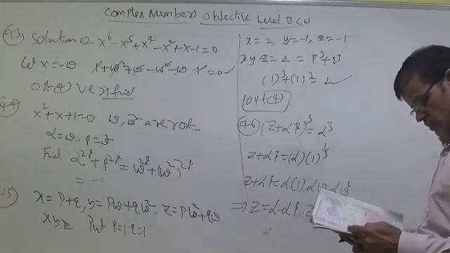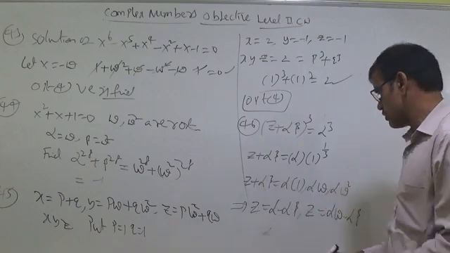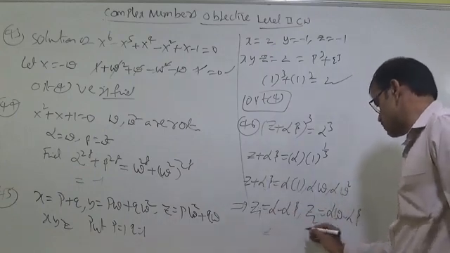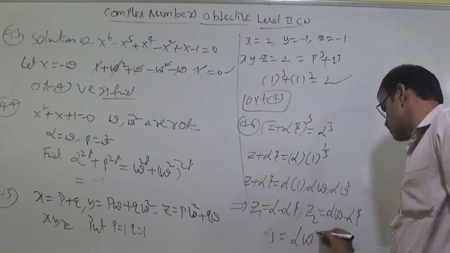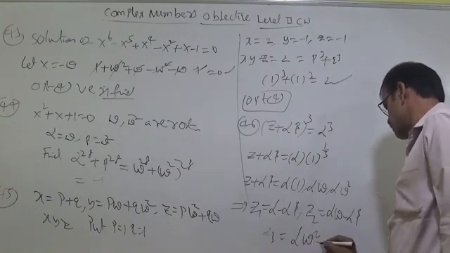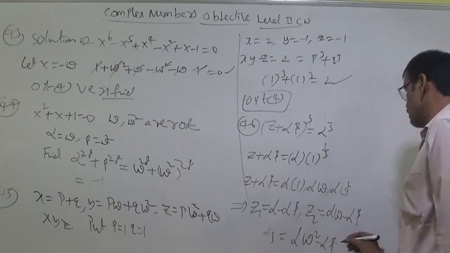What is he asking us? Let us write these as z1, z2, z3, where z3 is equal to alpha omega square minus alpha beta.